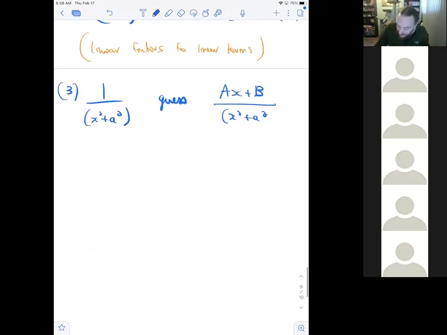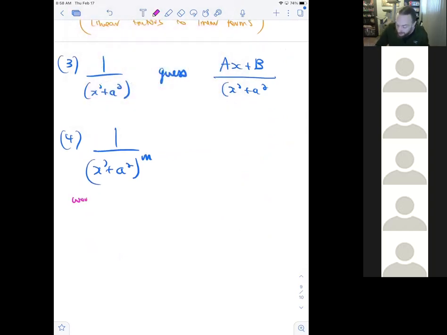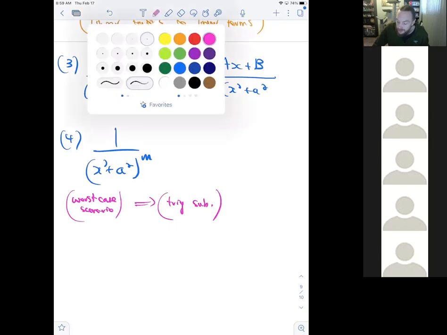And then in the worst case scenario, we have something 1 over x squared plus a squared to the power m. This is the worst case scenario that I was talking about in partial fractions. And that implies we're going to use trig substitution for that one.